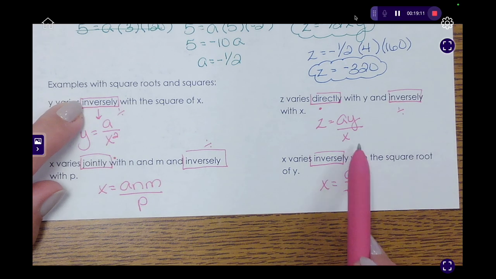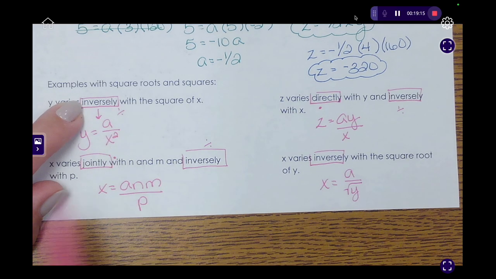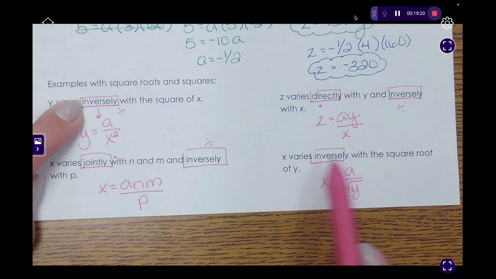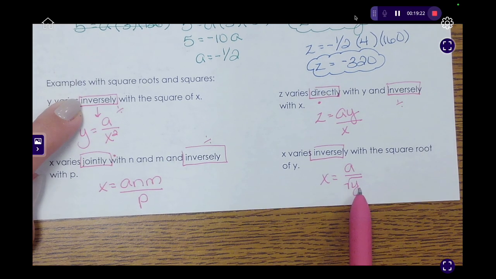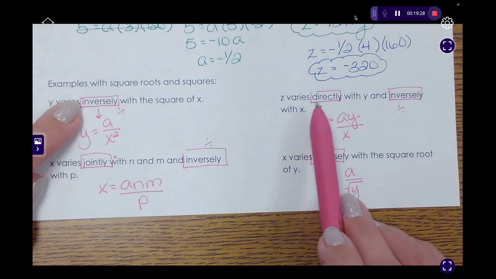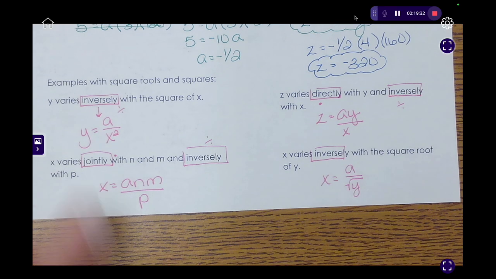So this was inversely with x, that x is on the bottom. Inversely with the square of x, x squared is on the bottom. Inversely with p, p is on the bottom. Inversely with the square root of y, that square root of y is on the bottom. So anything that's inversely with that variation, that is on the bottom. And then the direct part, or the jointly, that is being multiplied on the top with your a value.